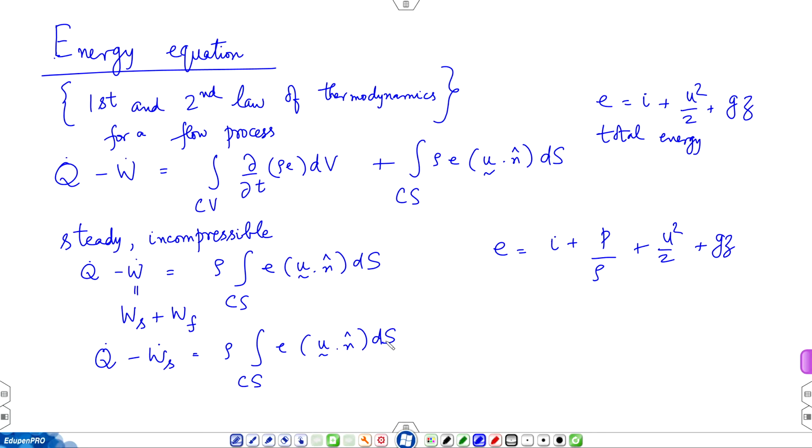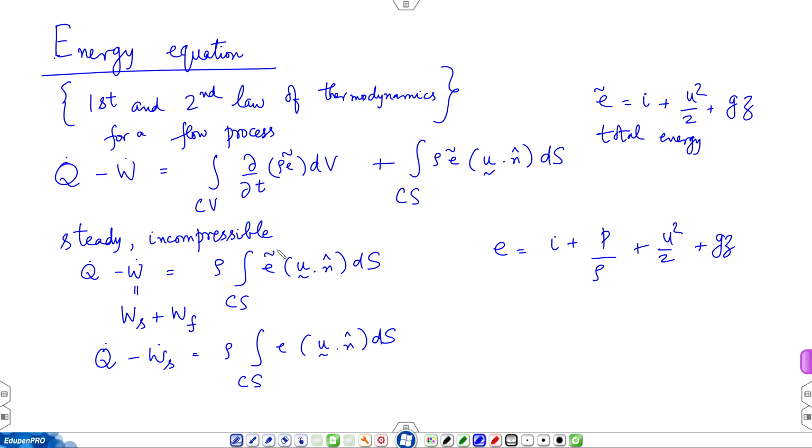I think in the previous lecture, this original E was shown with a tilde. And then when you modify the definition of total energy to include pressure, then we give it a symbol E. Just repeating the symbols of last time.